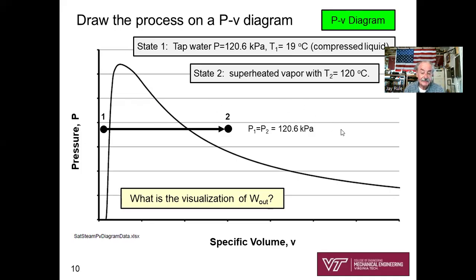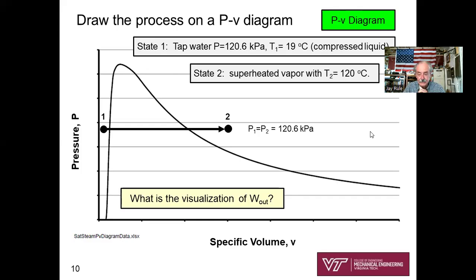And probably by process of elimination, I know it's given that I'm going to the superheated vapor phase. So I'm going left to right across a horizontal line, constant pressure. And I put on my PV diagram that P1 equals P2 equals 120.6 kPa. Okay, that's another partial credit. I've drawn a PV diagram and the process.